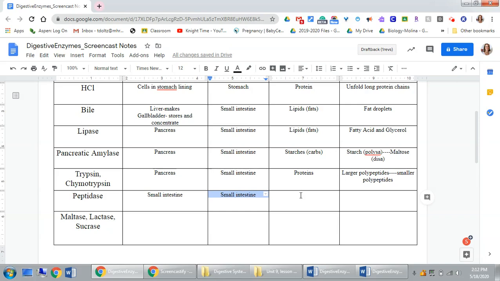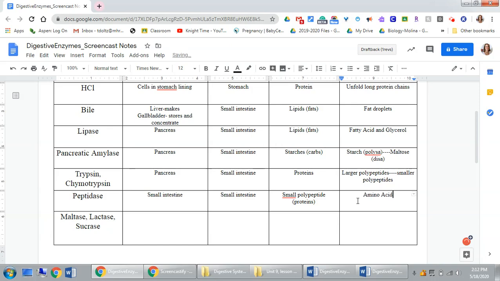So here we're going to take those small polypeptides, which are proteins, and we are going to make them into the most basic unit of a protein, an amino acid.